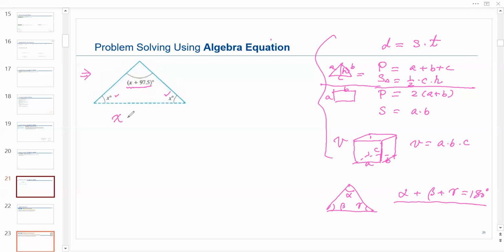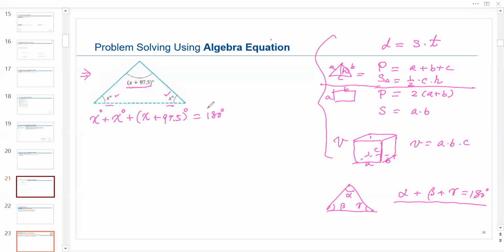The sum of them equals 180 degrees. So x plus x plus the third one equals 180 degrees.